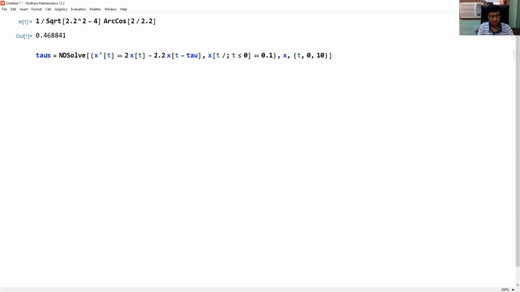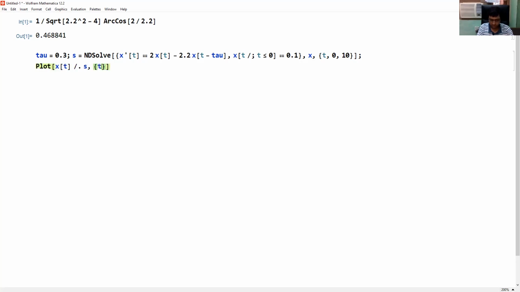We also define tau. We have seen that if tau is between 0 and 0.468841, then we get a stable solution. Let us take 0.3. We plot the solution for t from 0 to 10.